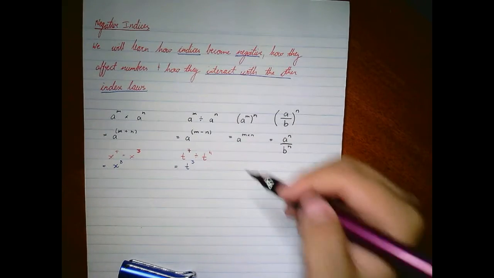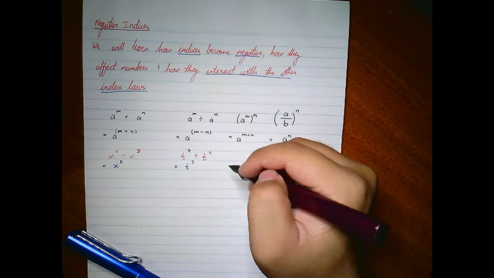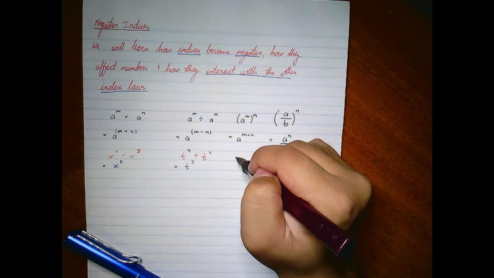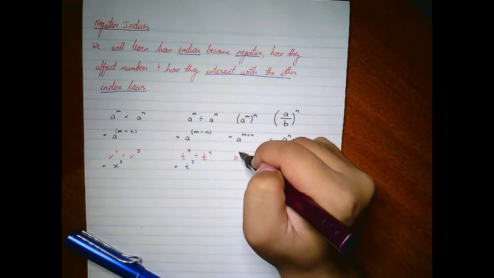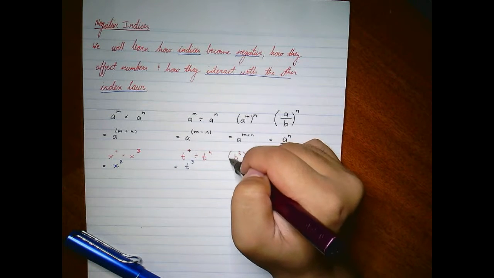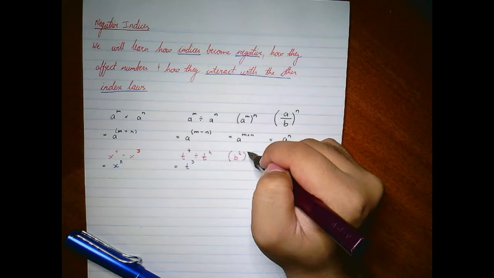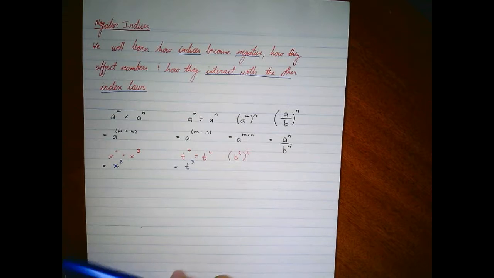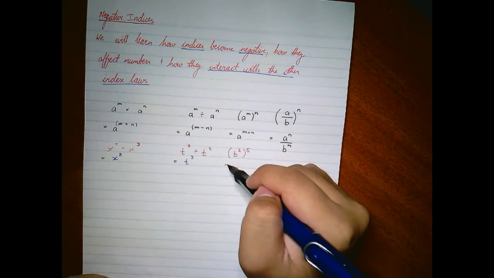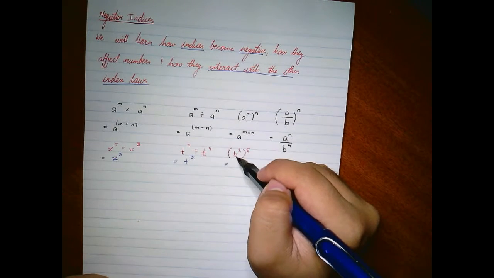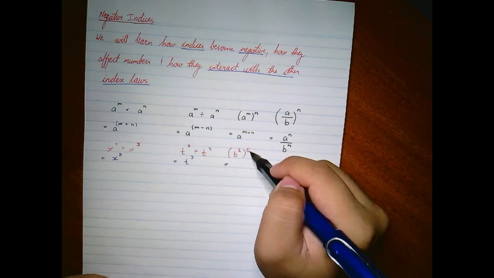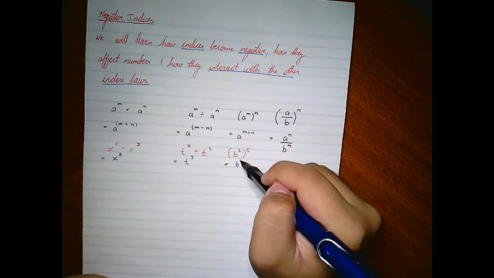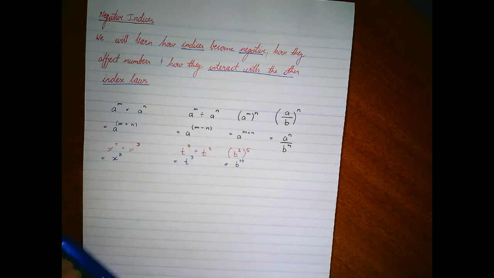If we have, doesn't really matter what letter we have, we'll pick b to the power of 2 outside to the power of, I don't know, 5. That becomes b to the power of 2 times 5, which is b to the power of 10.